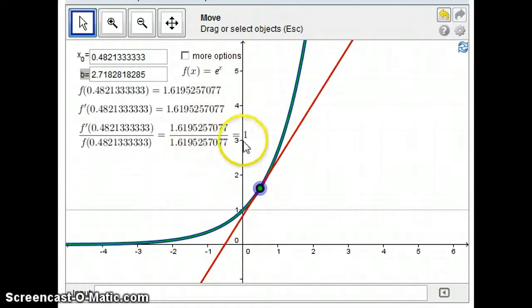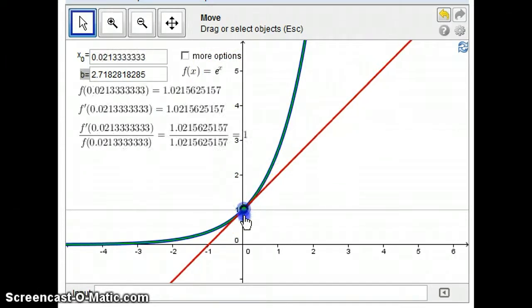So e to the x over e to the x is always 1. And not only that, at 0 it is also 1. That's what this graph is showing, and that's why the number e is very special.